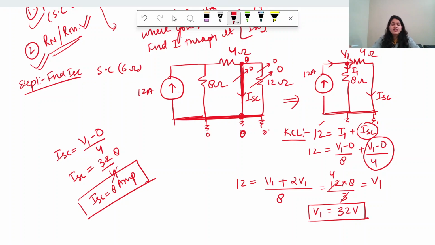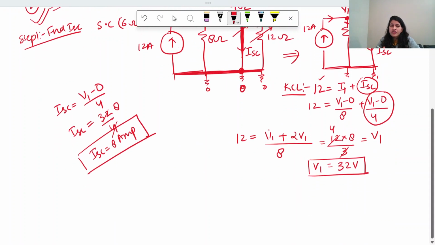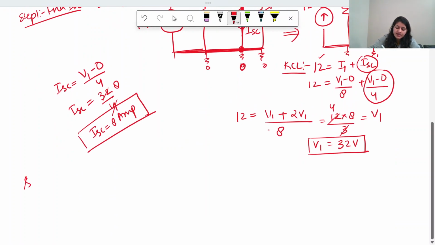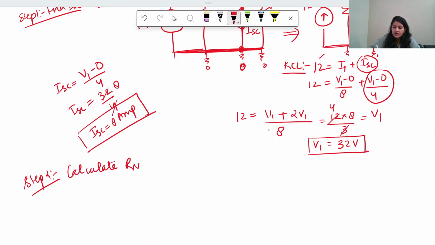Now we need to find out the value of this RTH or RN. So I told you, you need to calculate the Norton equivalent resistance, which is RN, exactly in the same way you have calculated RTH before. So what all do you do while calculating RTH? So step 2 is calculate RN. We can also call it RTH.